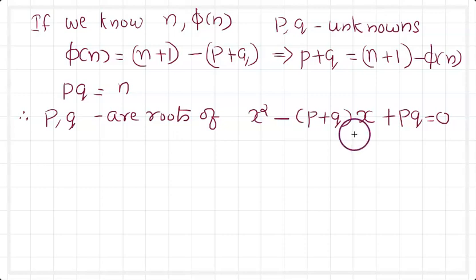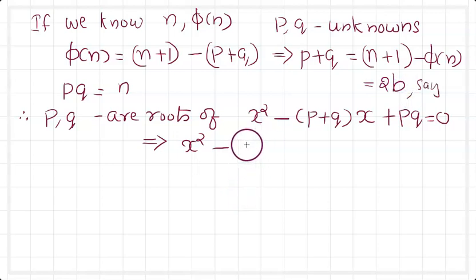So p and q will be the roots of this quadratic equation. The quadratic equation can be expressed with p plus q, which is n plus 1 minus phi of n, written as, say, 2b for convenience. Then we can write the quadratic equation as x squared minus 2b times x plus pq, where pq is n, equal to 0.